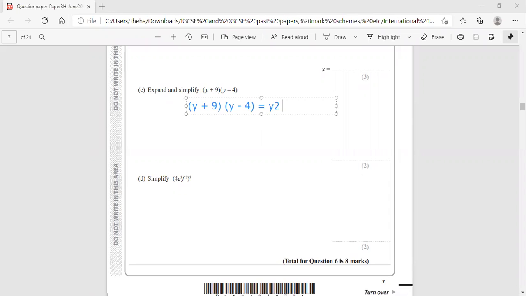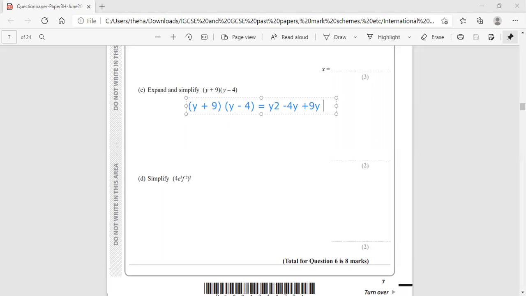Then we need to do y times -4, which gives us minus 4y. So we've done first, inner, then we need to do outer, last. So we do plus 5 times y, which gives us positive 9y.